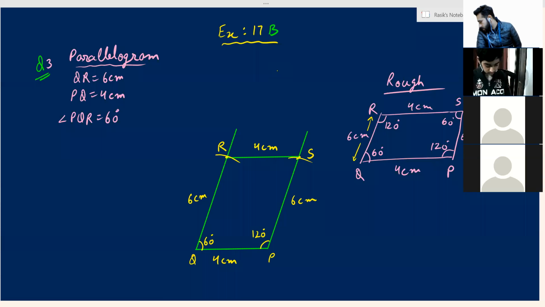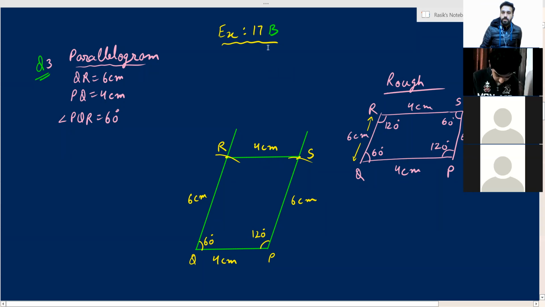Can we start with the next one? Yes. Question 4, same category, same type. Do it yourself. We are now moving on to question number 5. So we will be doing one question of each type here in the class.